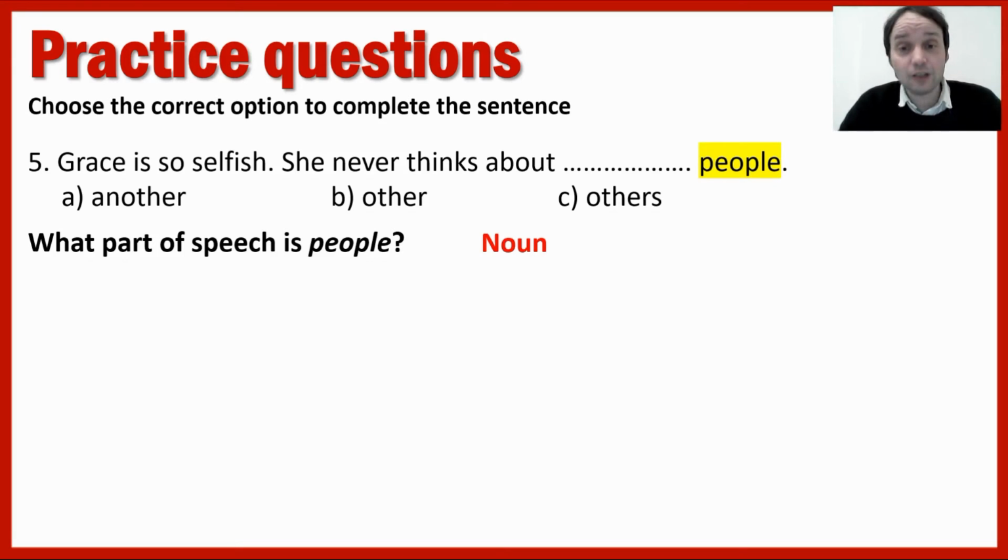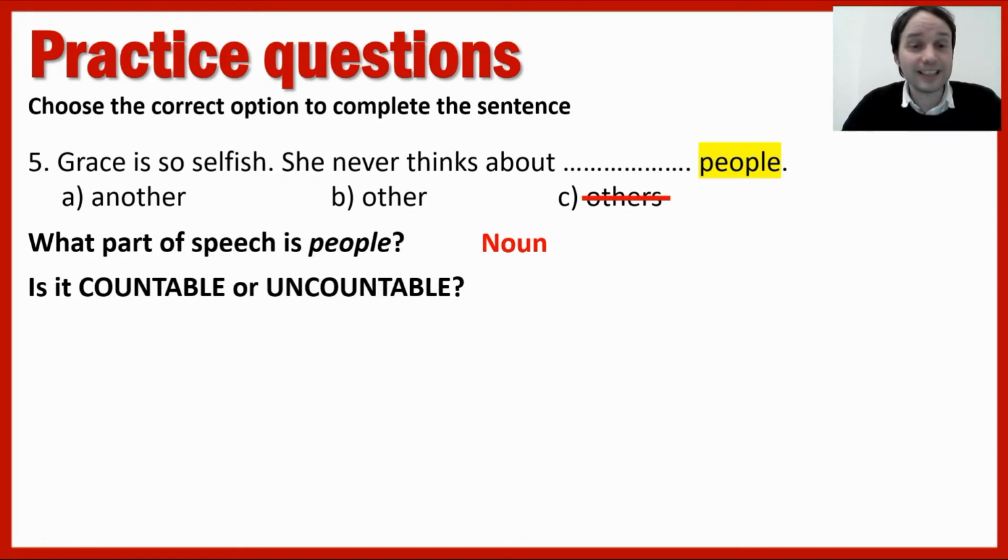So because it's a noun, again, which one of these three can we immediately say is definitely wrong? Three, two, one, "others". Because we've already said that "others" is a noun. So we are looking for an adjective. So "another" and "other".